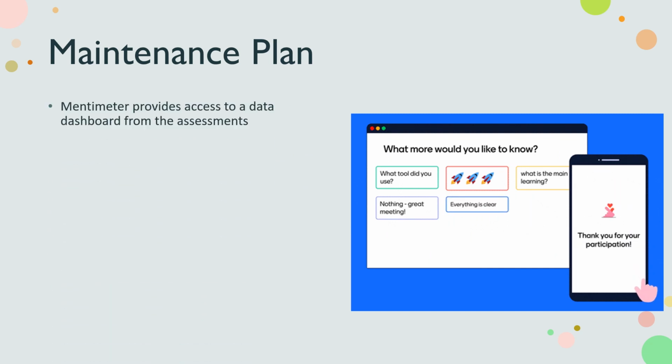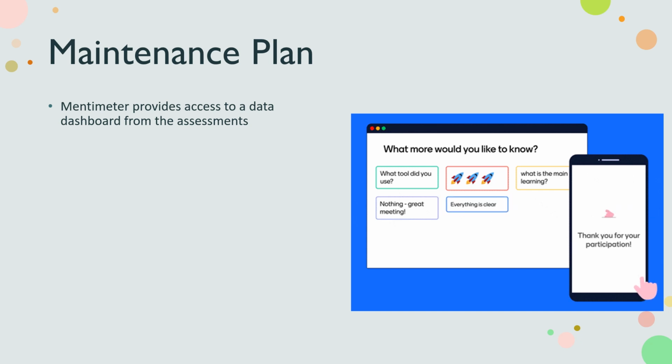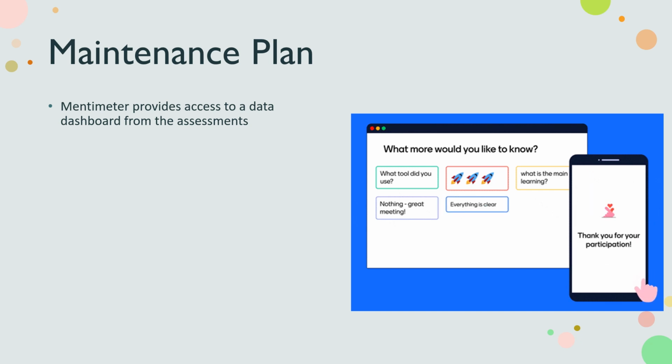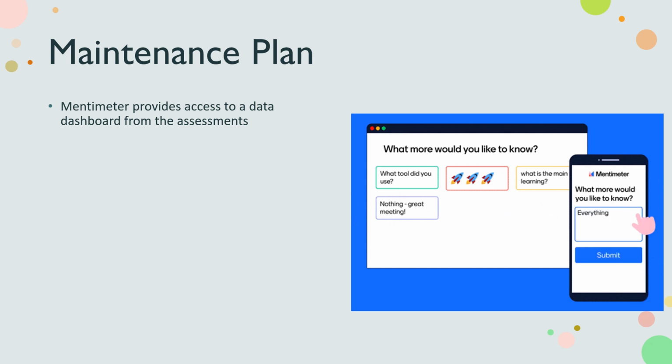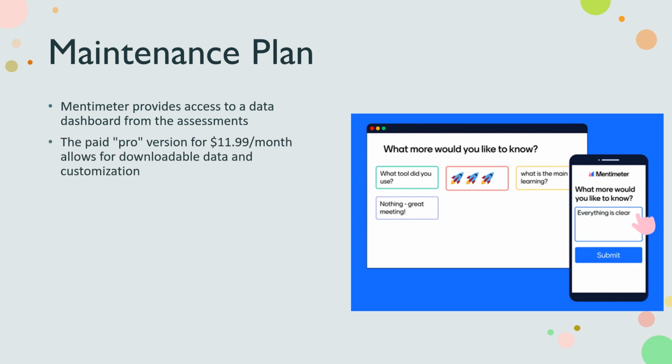I mentioned the data access component. So again, there is a data dashboard where I can access a number of things, right? The specific responses from students, but the response rate, the response time, and a number of other features. So it's very interesting that Mentimeter captures all that and you can get to it.